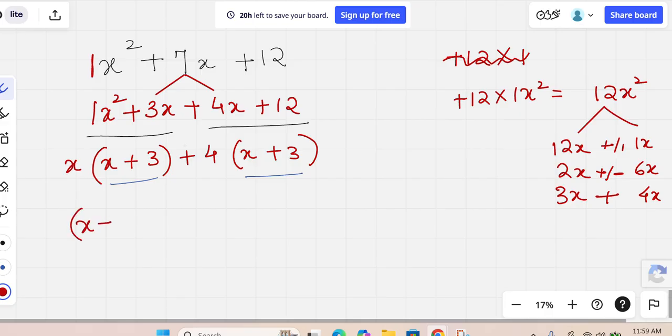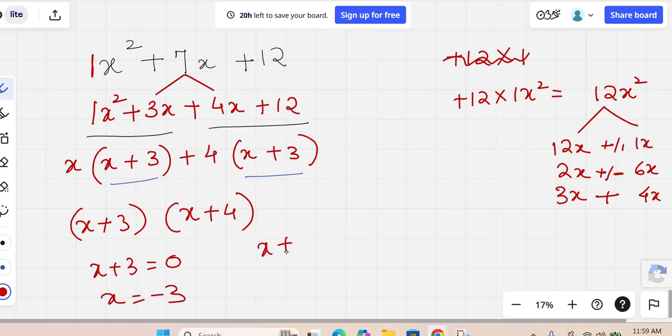So here it becomes x plus 3 and here it becomes x plus 4. So you can say x plus 3 equal to 0, so x is equal to minus 3. x plus 4 equal to 0, so x is equal to minus 4. Understood? This is middle term splitting to find the value of x. Clear?